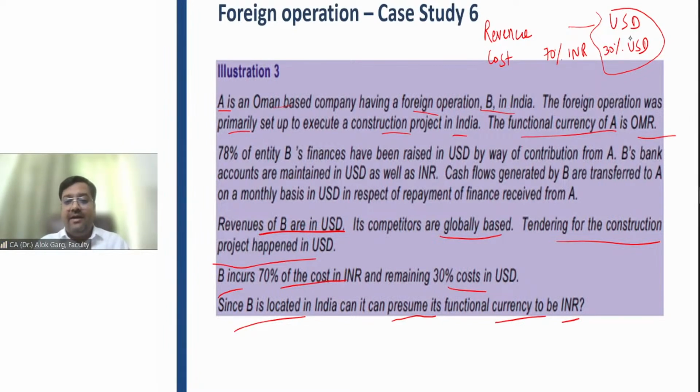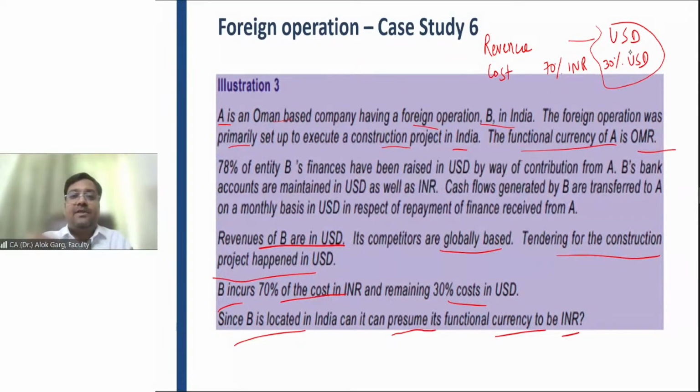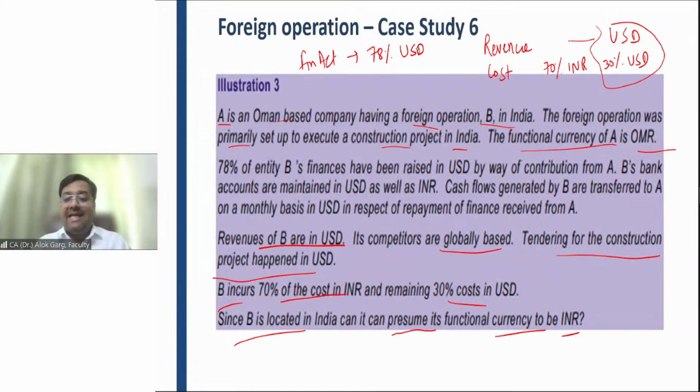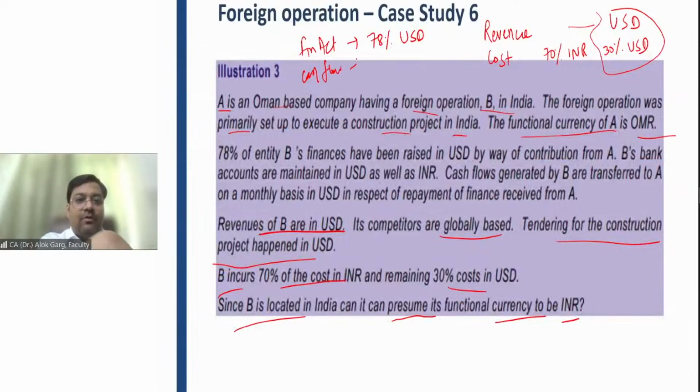Then coming to the secondary indicators, 78% of the financing activity, 78% of the finance, is in US dollar. Then cash flow. It is maintaining its cash flow from the operating activities. In which currency?